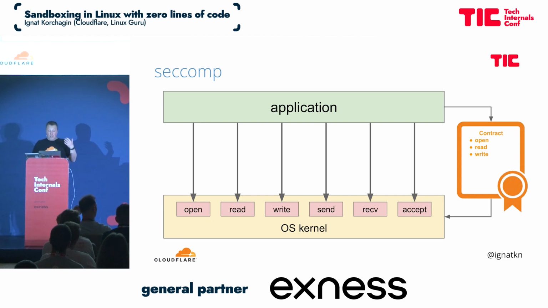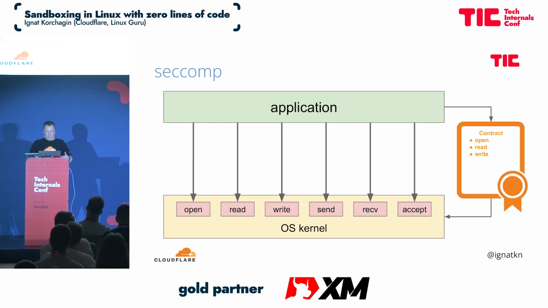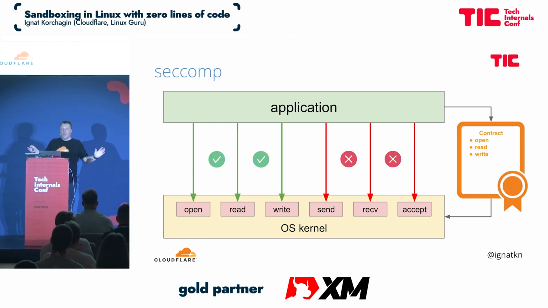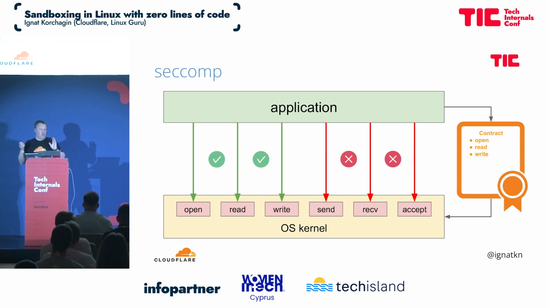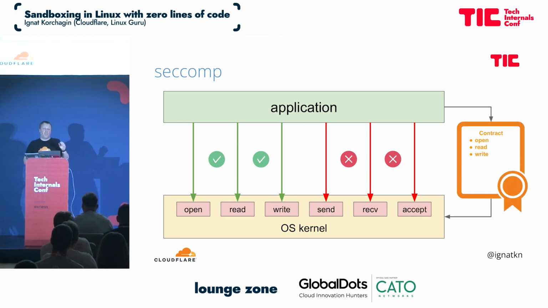It can tell the kernel which system calls it intends to use, and it can also tell which system calls it will definitely never use. So for example, if your application just writes files on disk, it can tell the kernel, look, I have no intention to ever use any network access. And if the application later breaks this contract, the kernel is free to penalize the application for that.